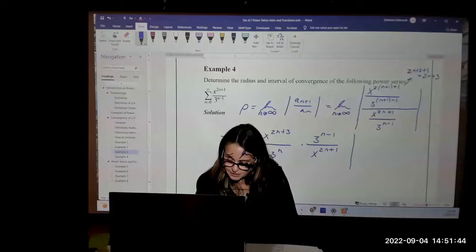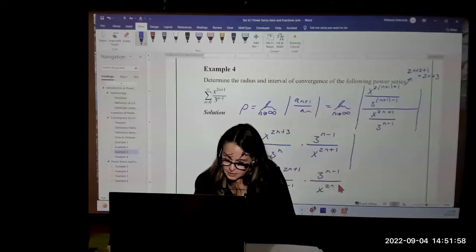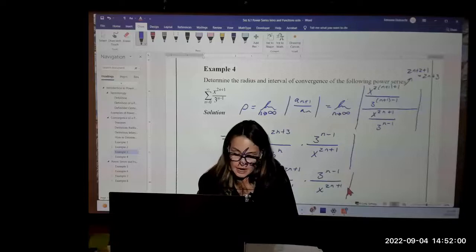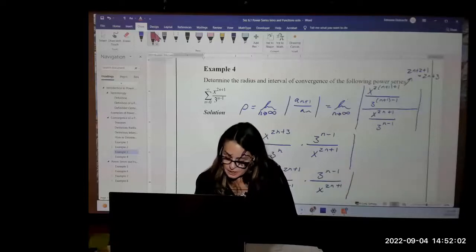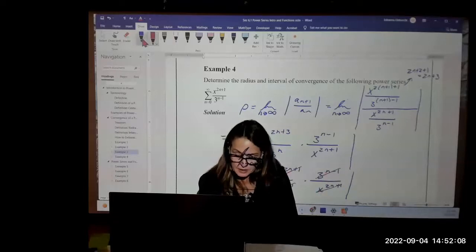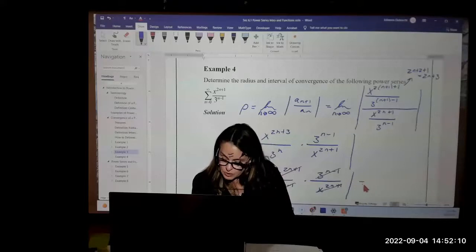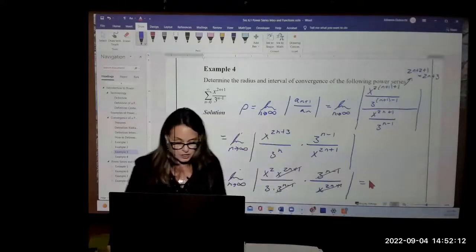N approaching infinity, x squared x to the 2n plus 1 over 3 times 3 to the n minus 1 times 3 to the n minus 1 over x to the 2n plus 1. Now we can do the cancellation. So we've got cancellation of 3 to the n minus 1 and x to the 2n plus 1. And this will lead us to another expression.